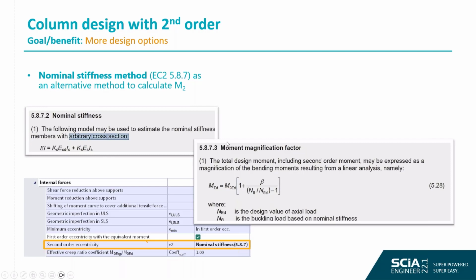And this nominal stiffness is actually used to calculate the buckling load. And this buckling load is then used to compare the value with the axial load and multiply actually the first order moment by this part.